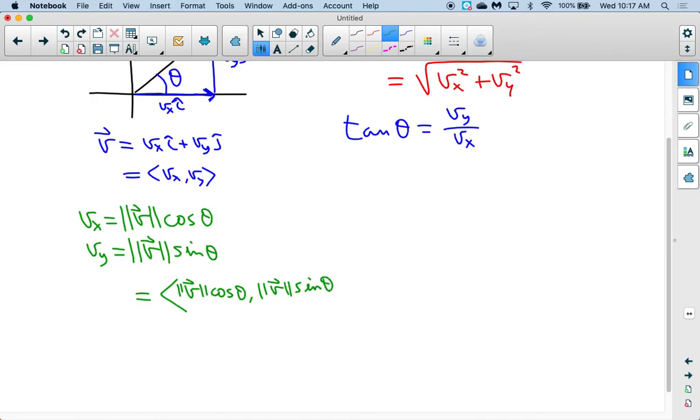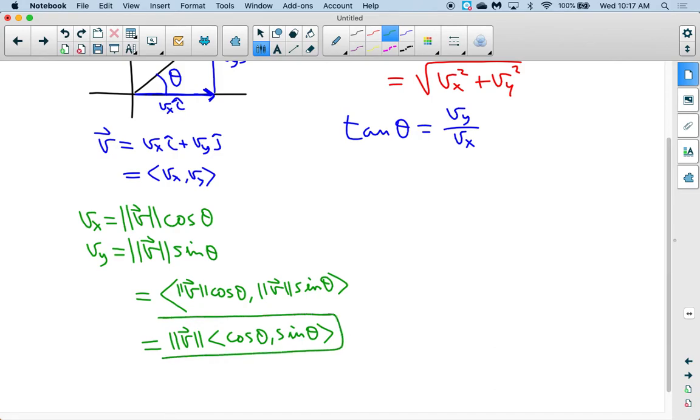And then I could notice, because the magnitude of v is just a number, it's just acting like a scalar here. I could just pull it out and write it this way. Magnitude of v times cosine theta, comma, sine theta. Totally sweet. All right, so this is the final way. I don't know if Dr. Larson gives this a name.